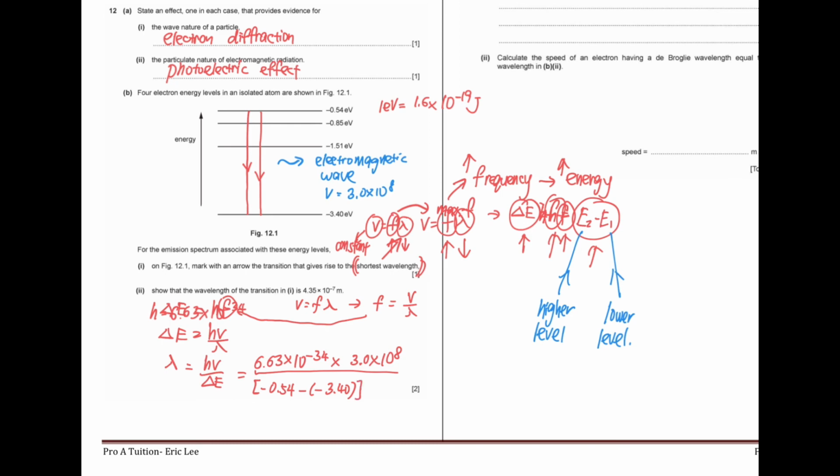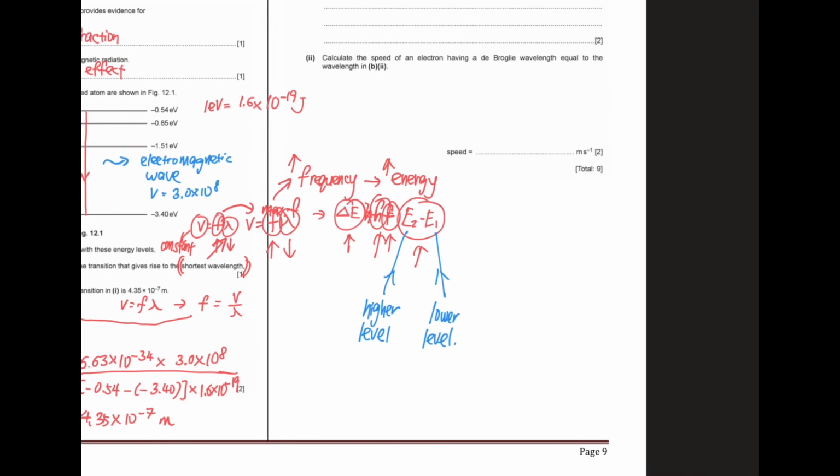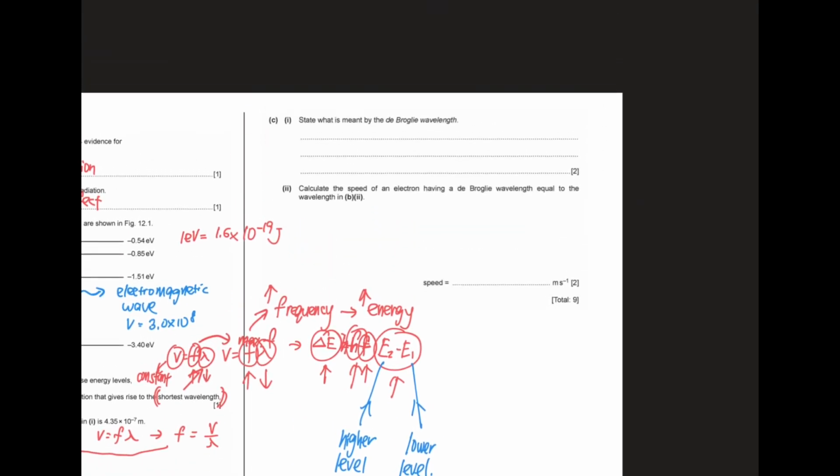We get the answer in electron volt, so we times it with 1.6 times 10 to the power of negative 19 to change everything back to joule. Then by pressing the calculator, you will get 4.35 times 10 to the power of negative 7 meter.